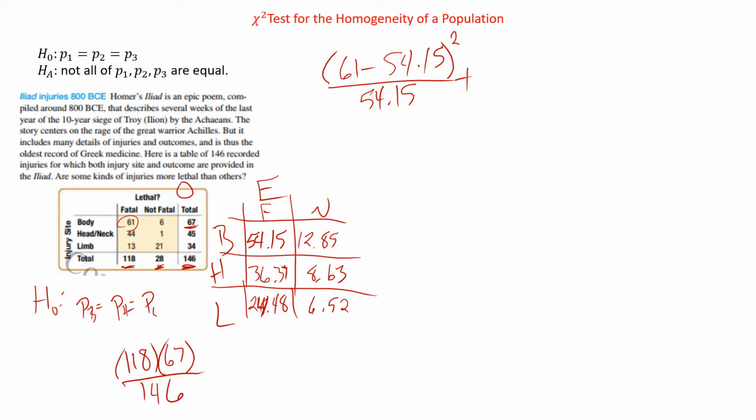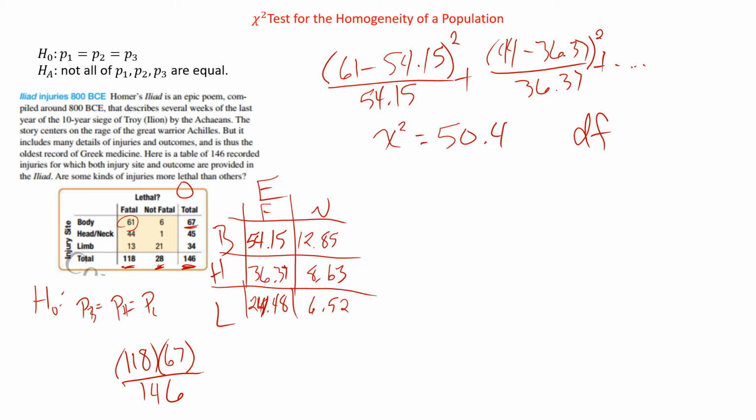And then plus the one below it would be 44 minus 36.37, squared, divided by 36.37, plus and so on. We do that for the rest of them to get our chi-squared value, which is going to be 50.4. It's like 50.4063 or so, but 50.4 will be fine.